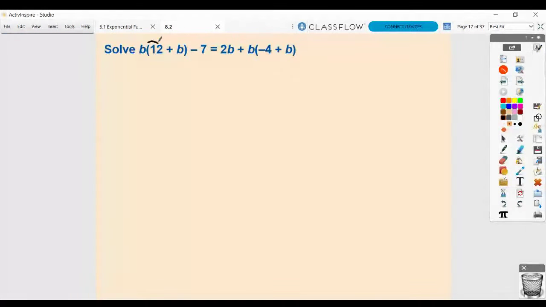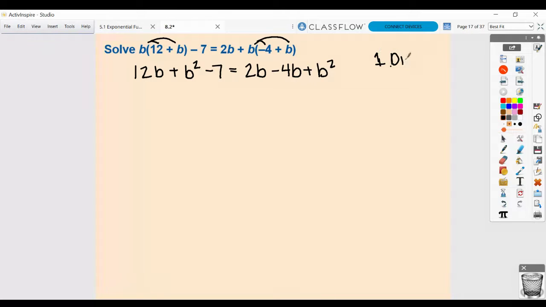If we distribute the b, you get 12b, and then b times b is b squared, and minus 7. And then we have the 2b minus 4b plus b squared.